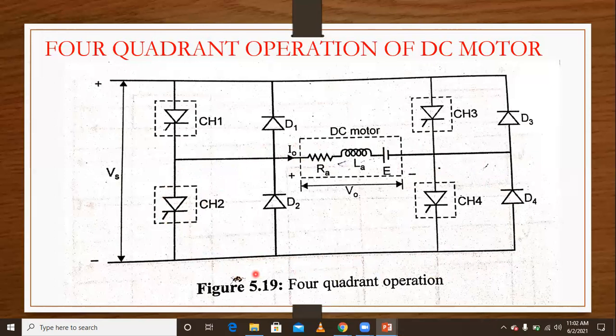During this on time, chopper CH2 and inductor L store the energy, because the inductor stores the energy. Understood?